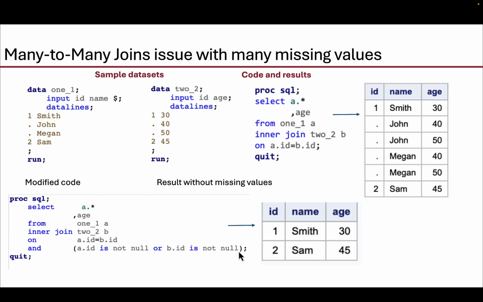What we are saying is, whenever we are joining on this ID variable, we do not want anything joined when either this ID has a missing value or this ID has a missing value. So when we do this, our results become clean, and now we are ignoring null or missing values. So we get our result something like this. So this solves our problem.